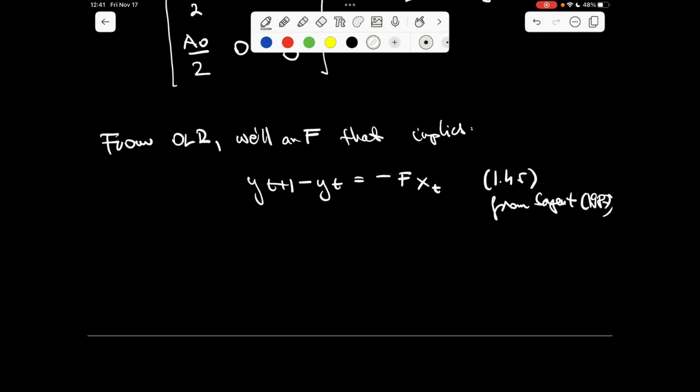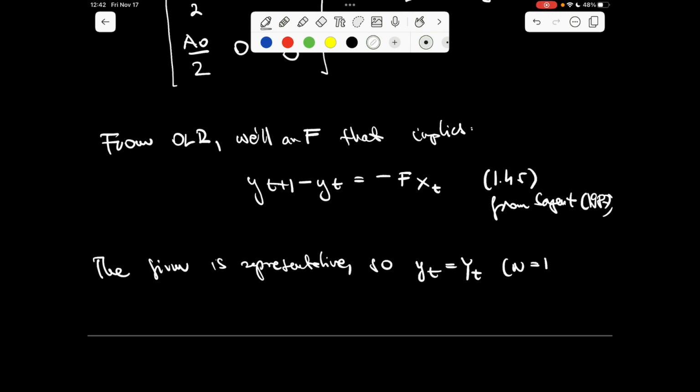And the firm is representative, so what the firm produces is the GDP itself, and in a split second we will see how it changes the model.